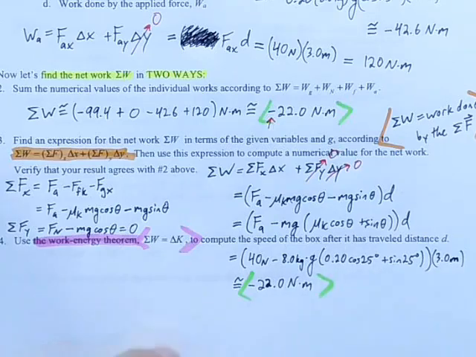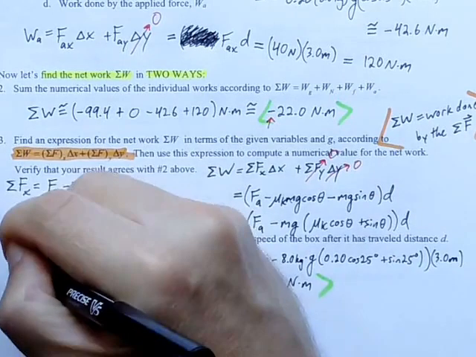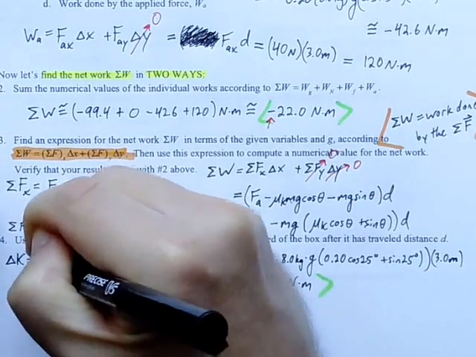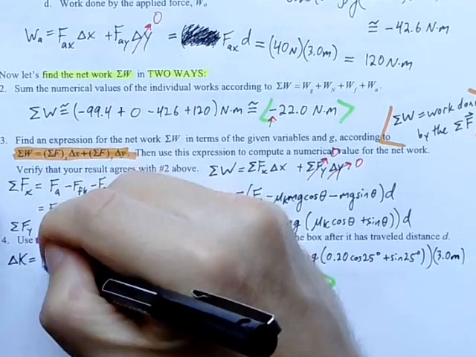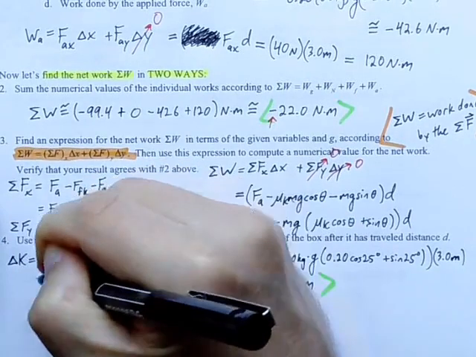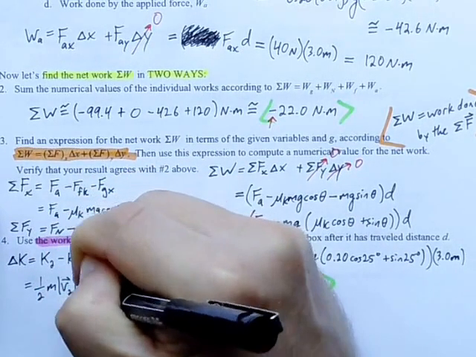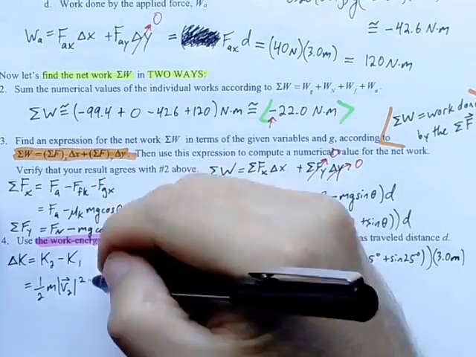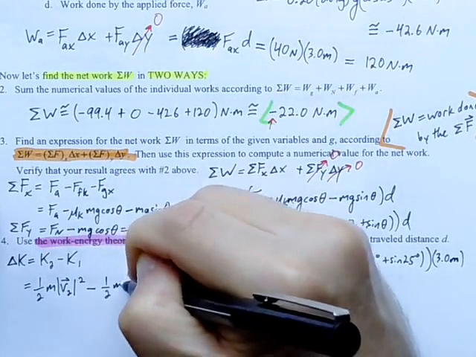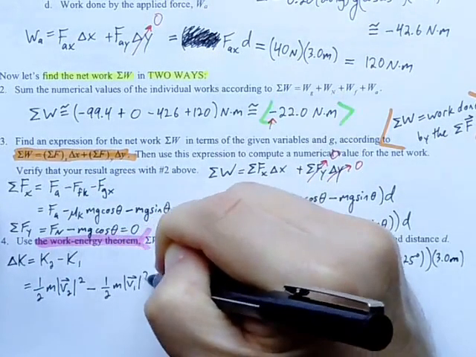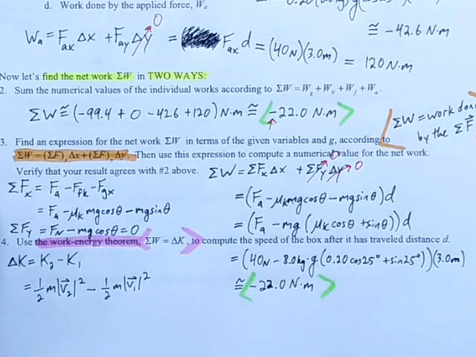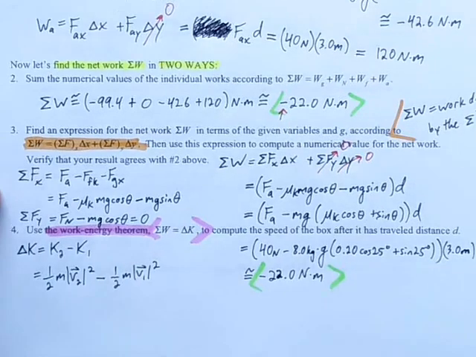So we can compute now the final speed of the box. So our change in kinetic energy is K final minus K initial. So 1/2 m v final squared, that's our final speed squared, minus 1/2 m times our initial speed squared. And I want to rearrange this to solve for our final speed.